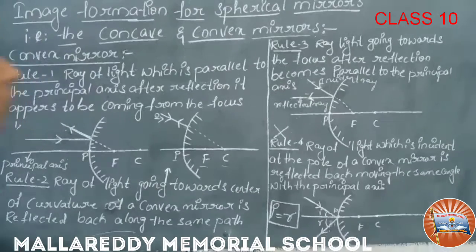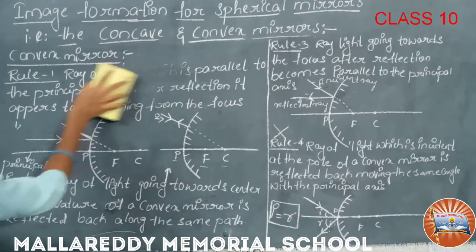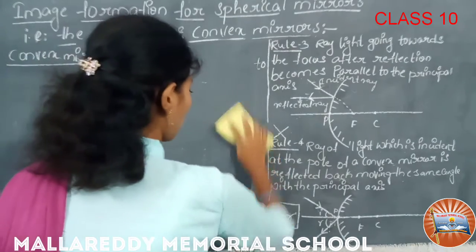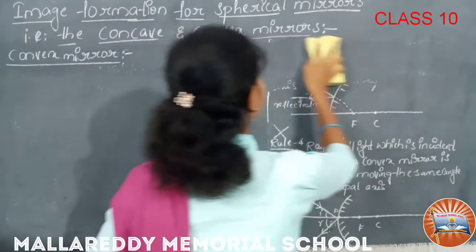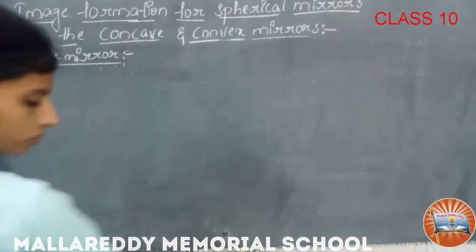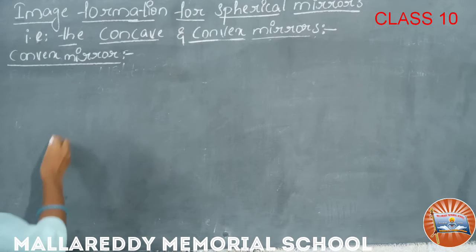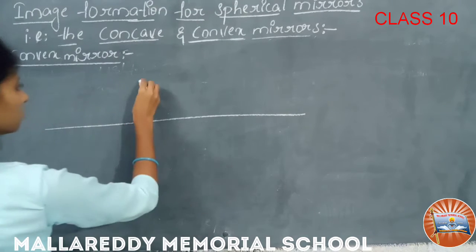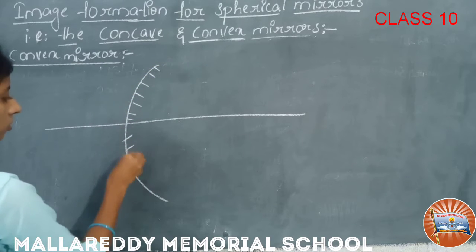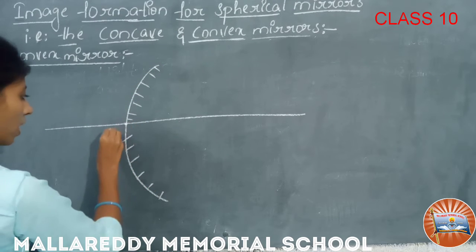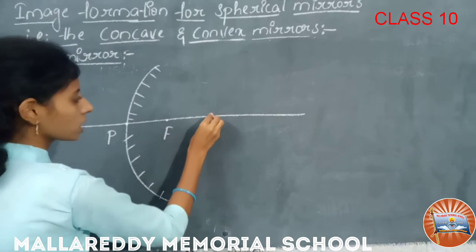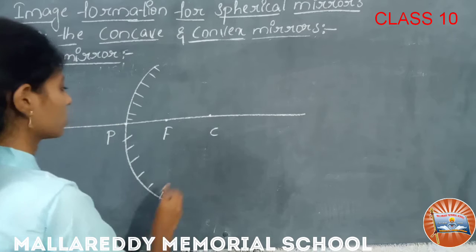Now see the ray diagrams. Here we have the pole, focus and center of curvature.